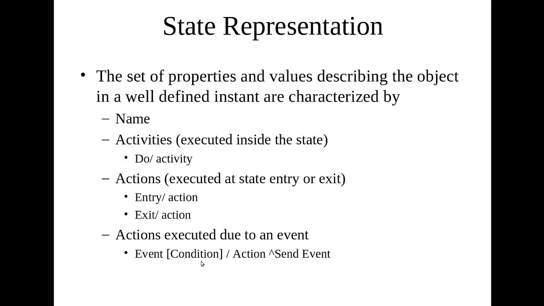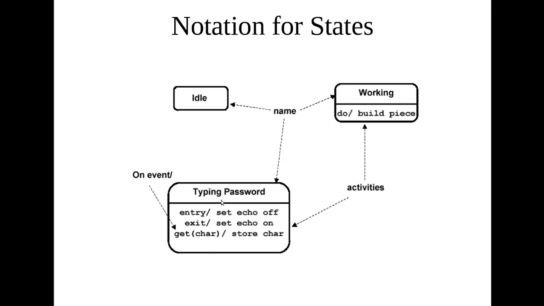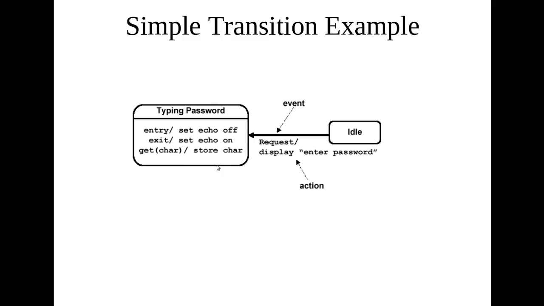Also, if a particular event occurs, what actions need to be taken. States are represented like this: you will have the name, entry and exit conditions, and event-based actions. For transitions, represented by an arrow, you will name the event which triggers the transition and what actions take place, right?